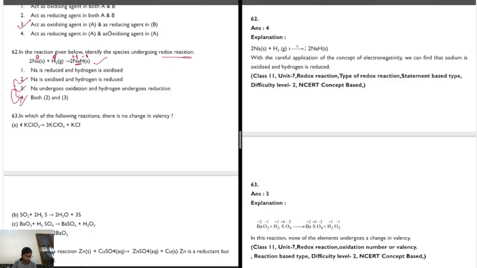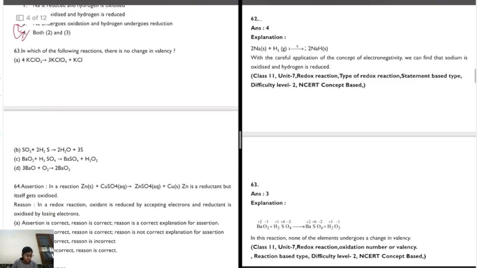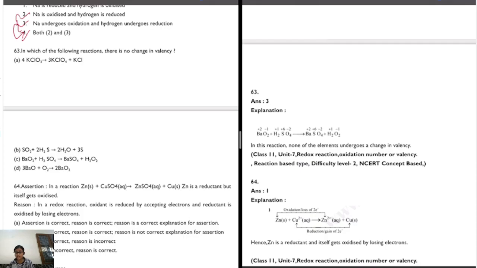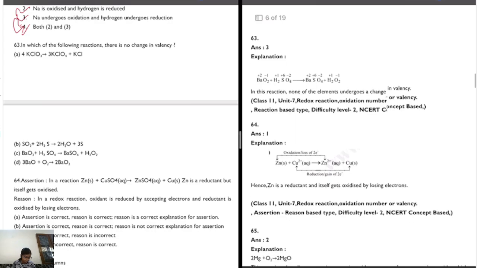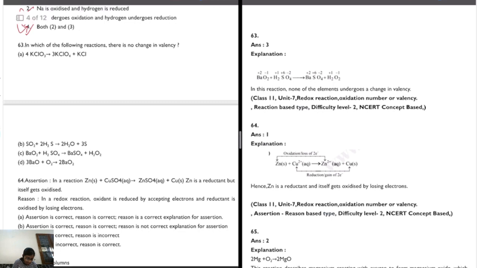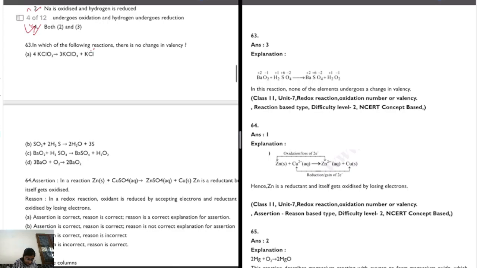Both 2 and 3. In the next question, in which of the following reactions there is no change in valency? Or we can say there is no change in oxidation number. In this, see, here in KClO3, it is -1, but here it is x - 6 equals to 0, +5.